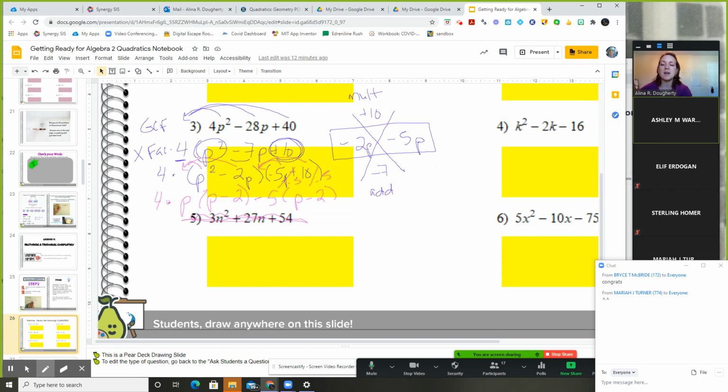Just ignore that for right now. I'm going to bring down my 4. I'm going to collect my greatest common factors in one set of parentheses. So p minus 5. And I'm going to collect my parentheses that match in the other set. And that, my friends, is your final answer.